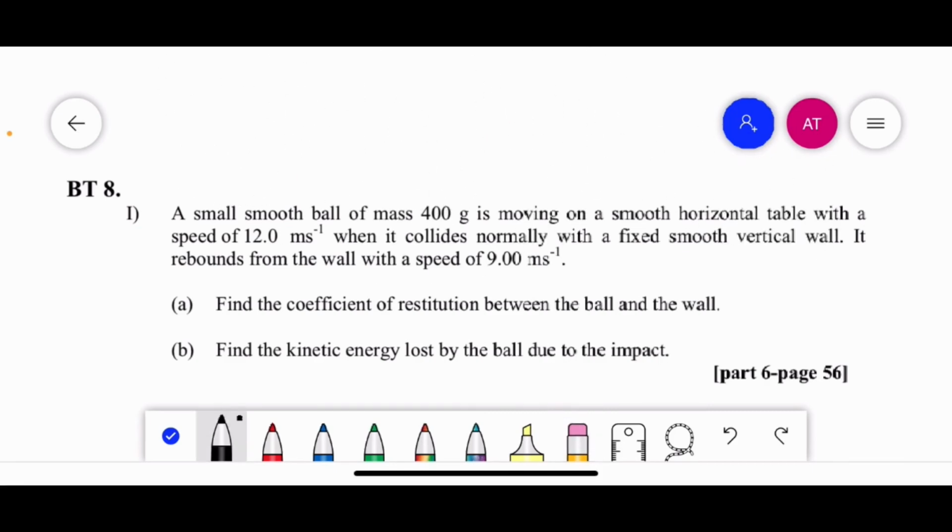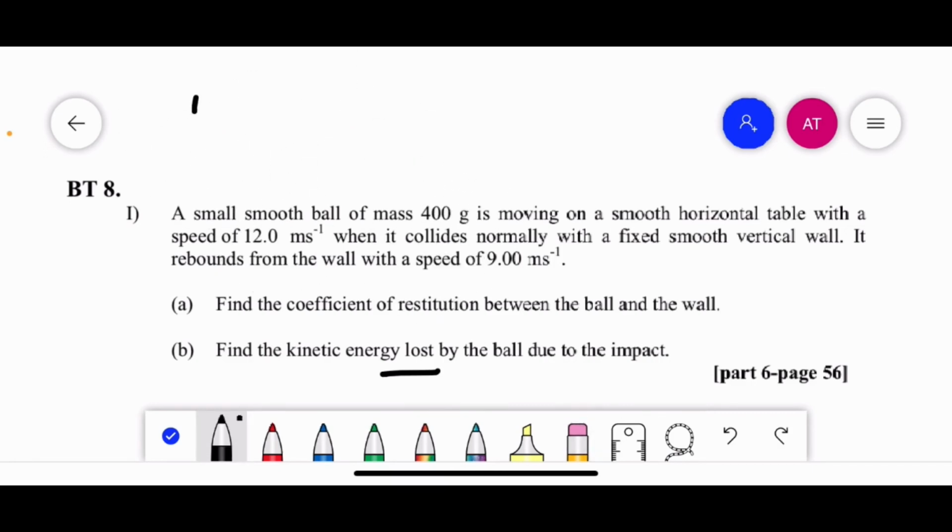Part B asks us to find the kinetic energy lost by the ball due to impact. Now, when we're trying to find the kinetic energy gained, we usually do kinetic energy final minus initial. But in this case, they want lost. So we do kinetic energy initial minus kinetic energy final. Initial, the speed is u, and final, the speed is v.